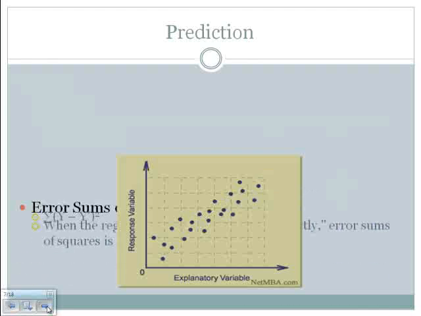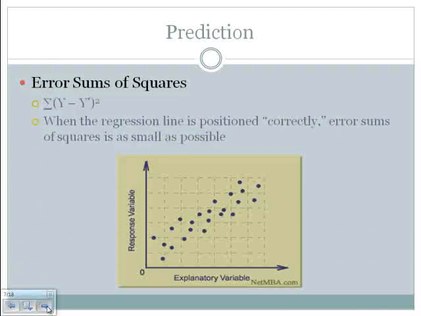Now, when we take those errors in combination for every one of the scores, we can calculate something called error sums of squares. Error sum of squares says find the distance between each of these raw scores, these y scores.